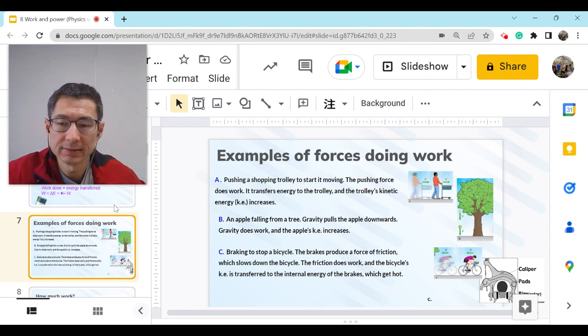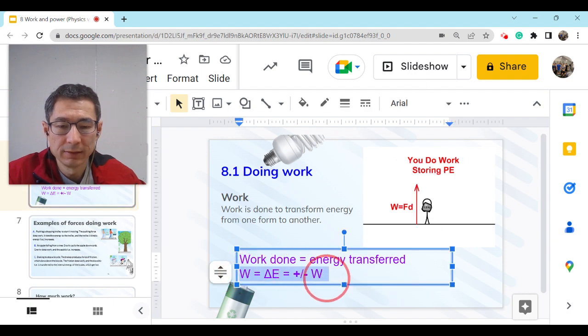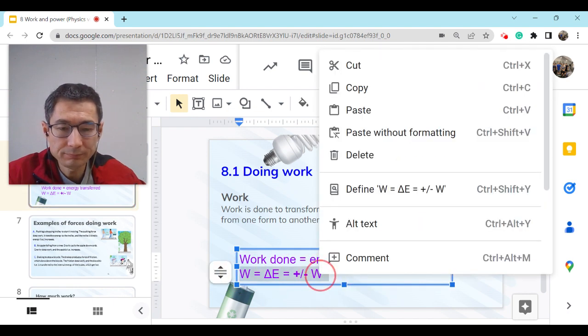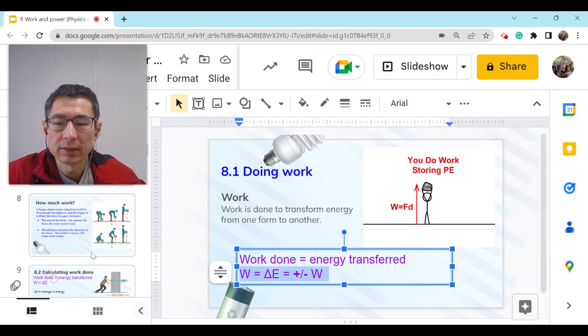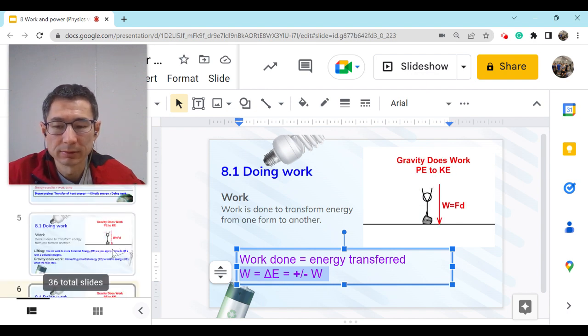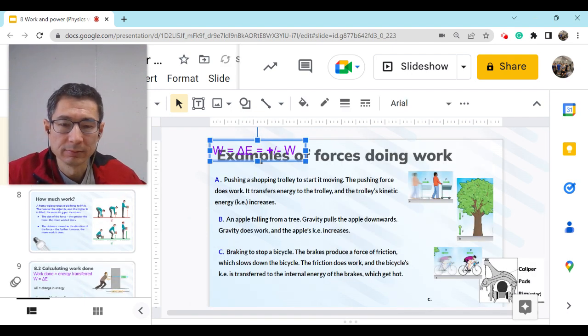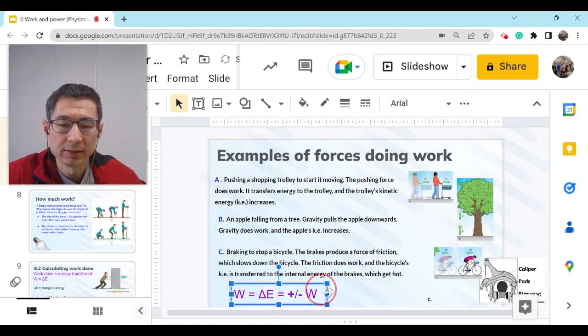In this case, as I said before, my calculation should be negative. Sorry, I didn't prepare it in advance. So in this case, my speed is reducing.